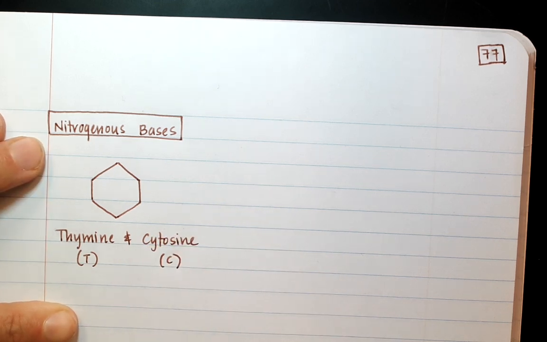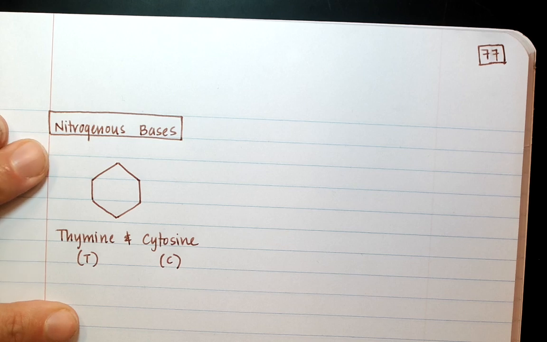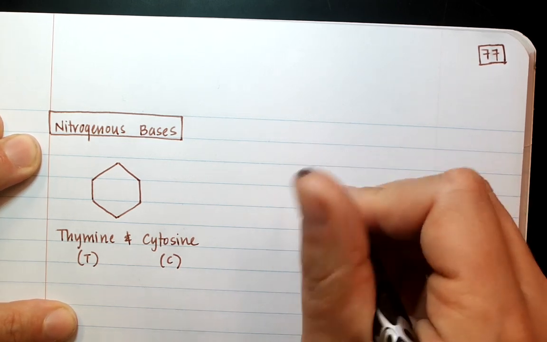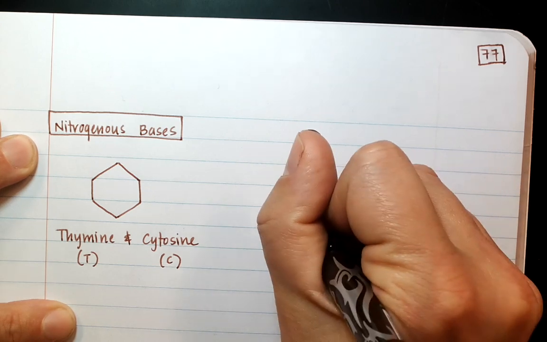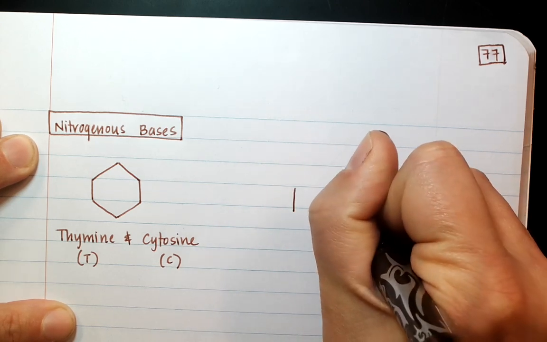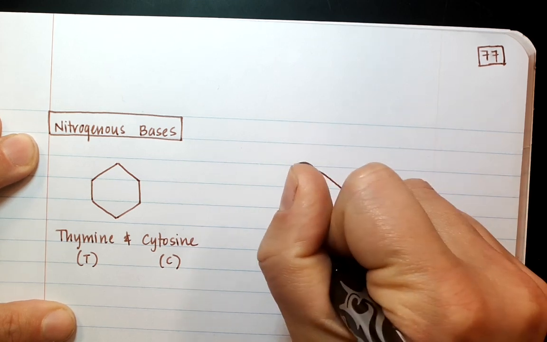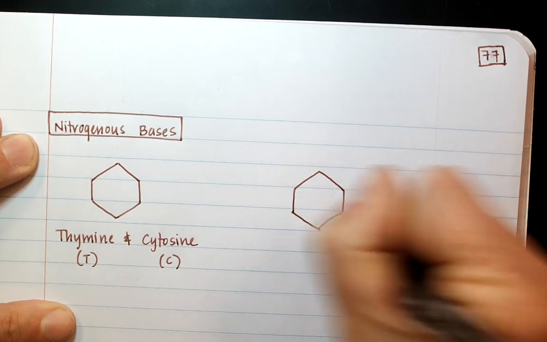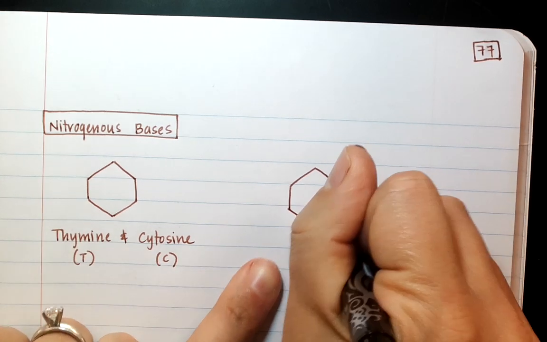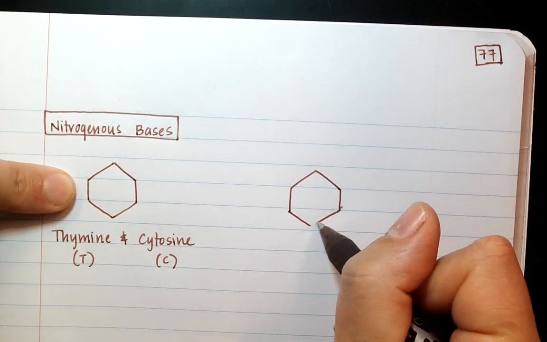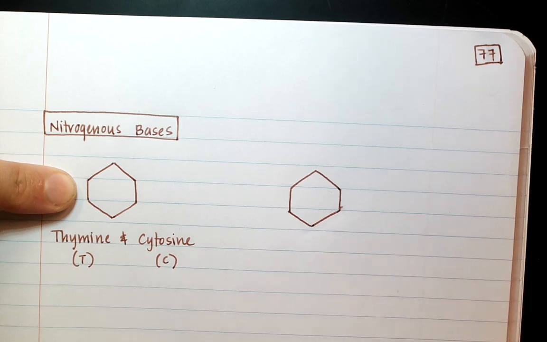Okay, there are two more bases. They are both large, and we are going to draw those as well. Now, the first ring, oops, that's ugly, looks a lot like this other one. It's six-sided. We're good to go.